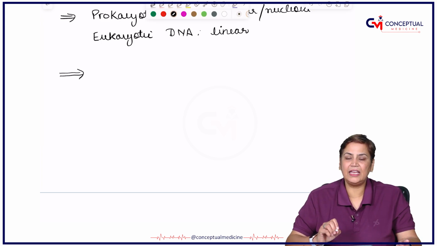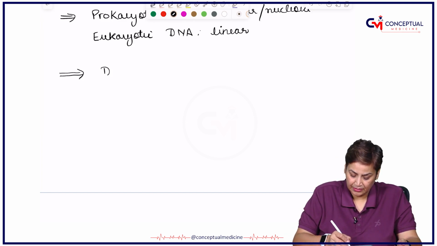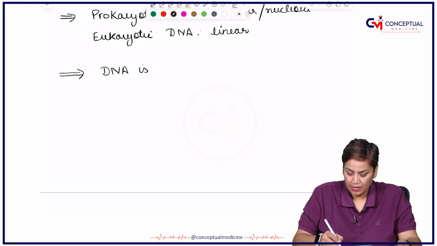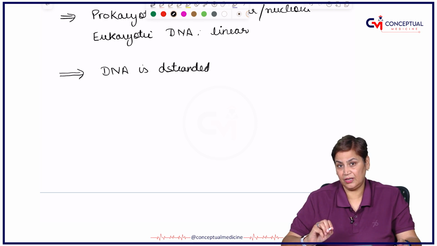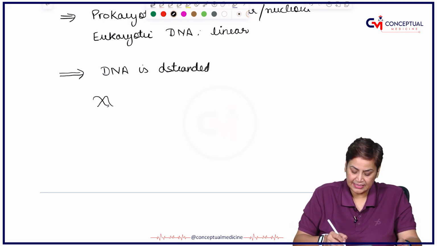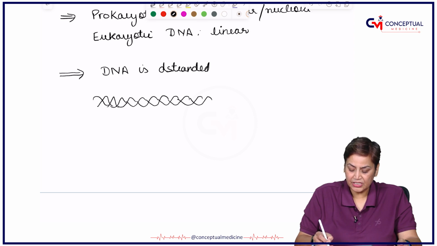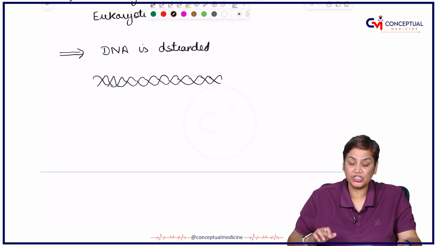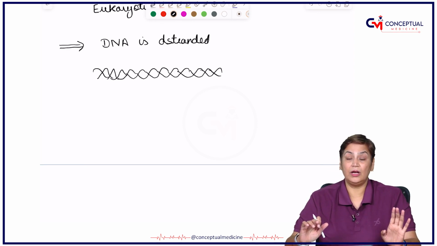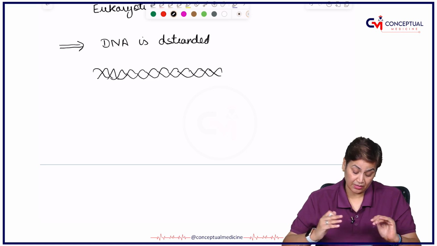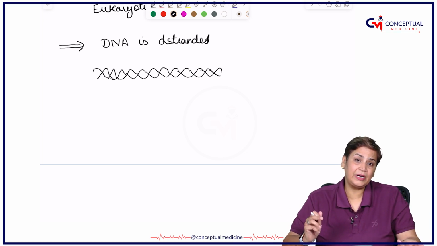Now coming over to this, we know that DNA is double-stranded. So first of all, we have to check what is the origin of replication, because DNA is lying as it is. So selection of the origin of replication is very, very important, because it is not possible to replicate all the base pairs at one time.